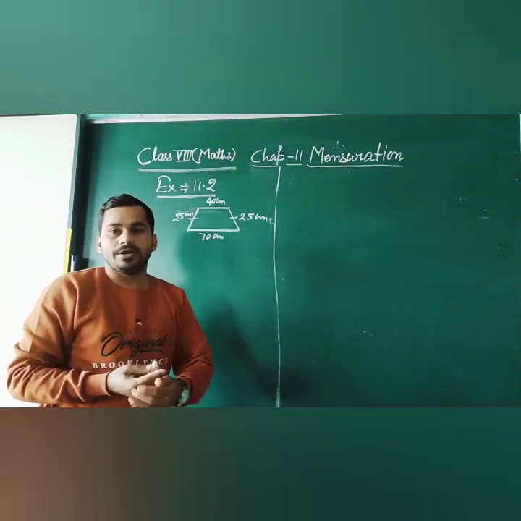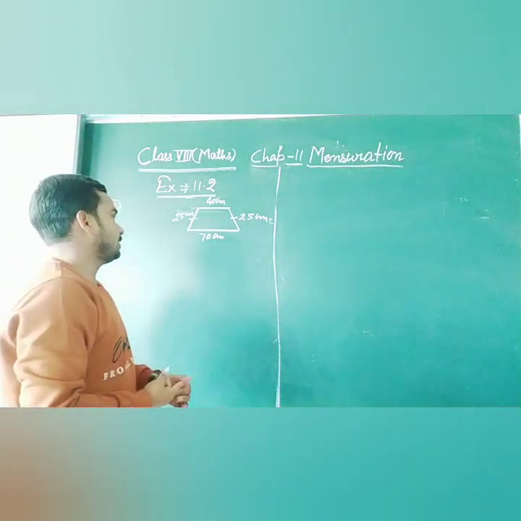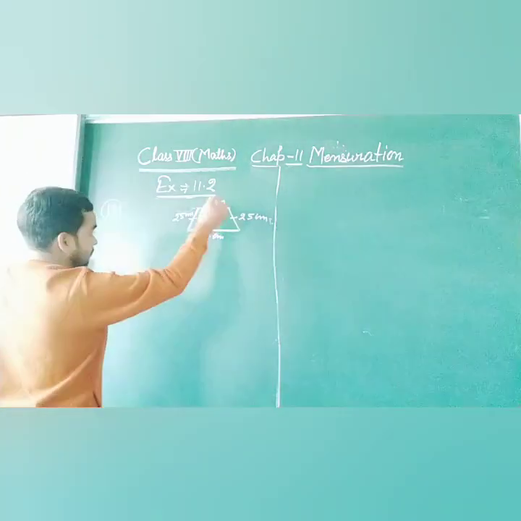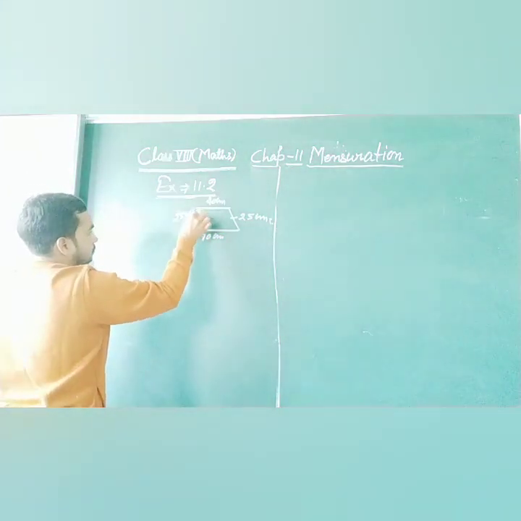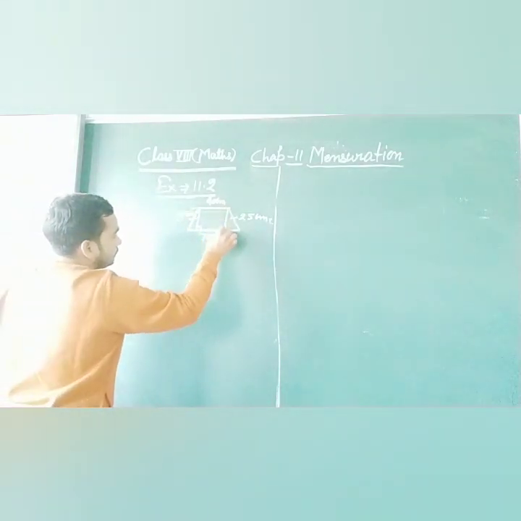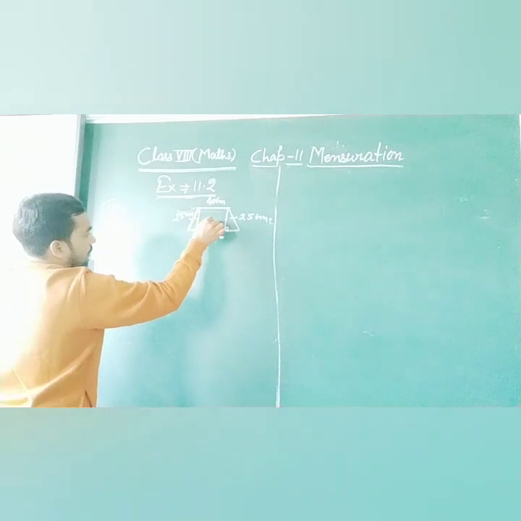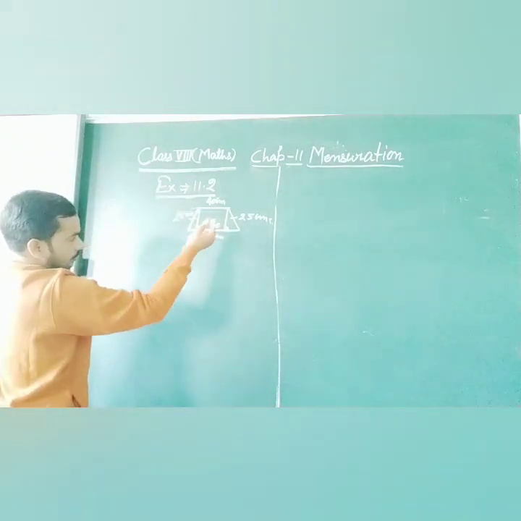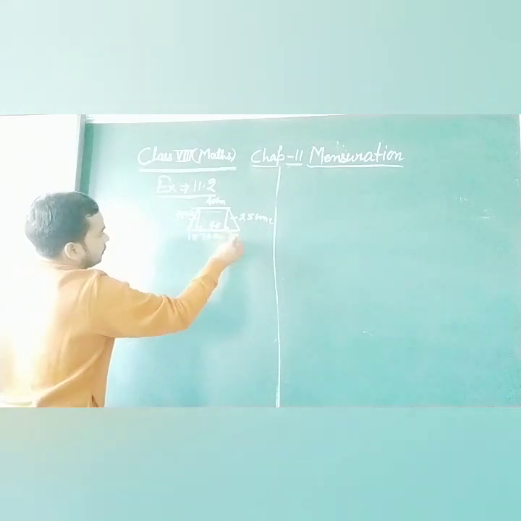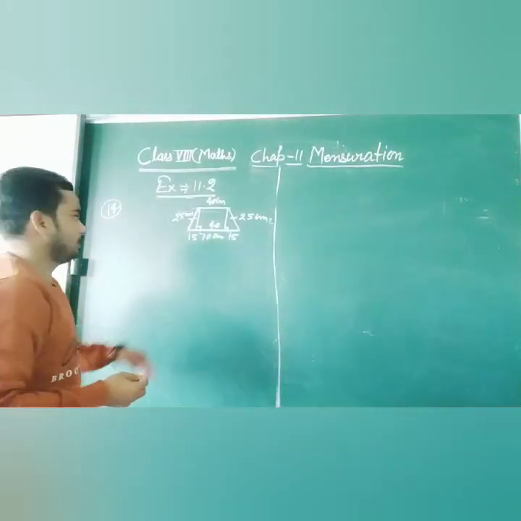First we have to find out the distance between the parallel sides, that means the height. So draw a perpendicular. This one is 40, this one also 40. The remainder is 30, so divide it into two parts, 15 and 15. Then apply Pythagoras in any triangle.